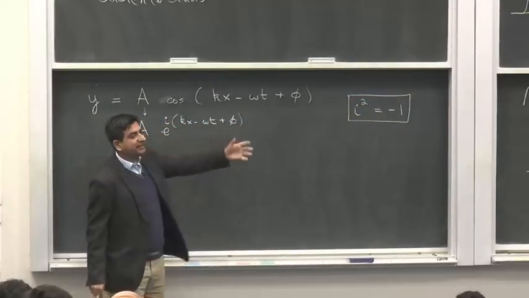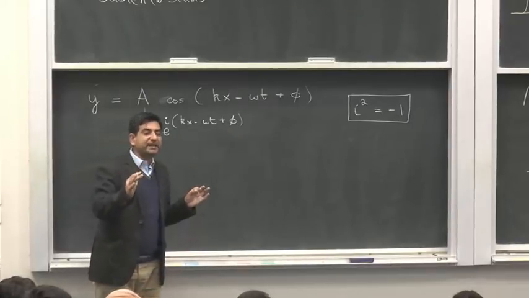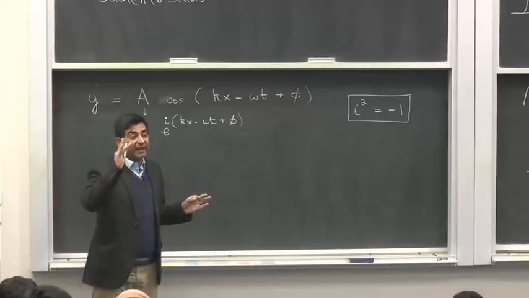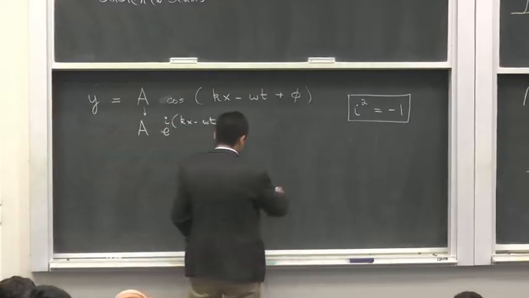Now this number here is a complex number, and it can be represented by a vector. I can draw a diagram.